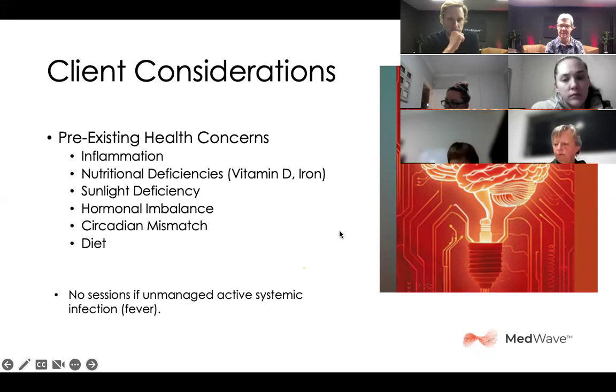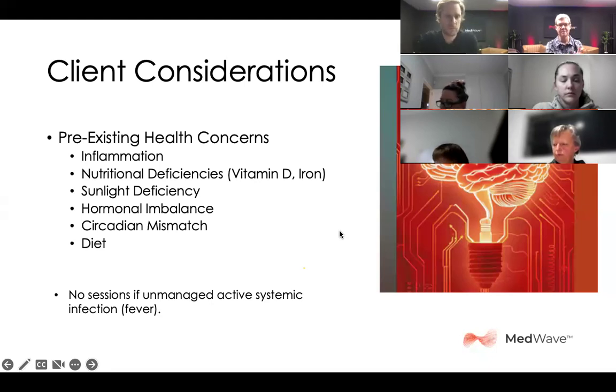But bottom line, it sets up inflammatory stress in multiple organ systems. And then, of course, the diet. If the person is living on ultra-processed foods, that is not helpful for any aspect of mitochondrial function.